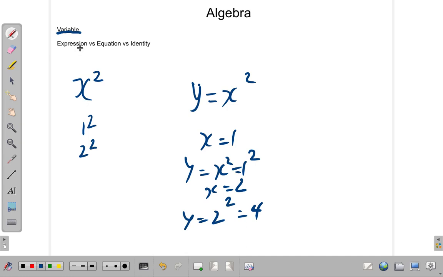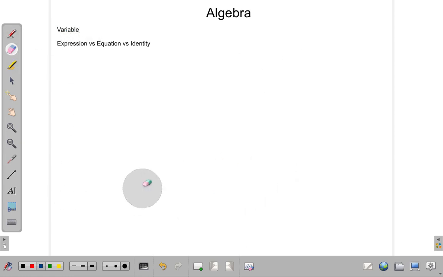Now let's look at this other thing, the expression, equation, and the identity. Basically, when you talk about an expression, it's like you're expressing yourself, and you write down a mathematical or algebraic expression such as 2x plus 5. That is an expression.